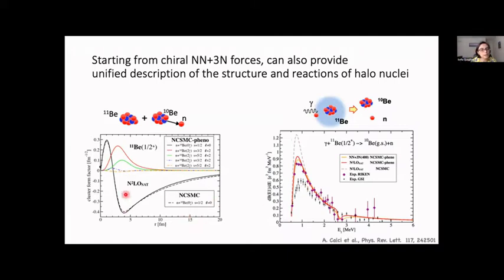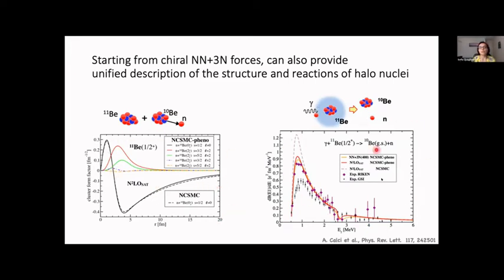And what is shown here are the components of the NCSM continuum wave function for the beryllium-11 ground state, and in particular for the S wave here, the dashed line is the original result, and the solid line is the result obtained after a little tuning of the NCSM eigenvalue. So it's really a minimal change, but then it gives us the correct description of the binding energy.